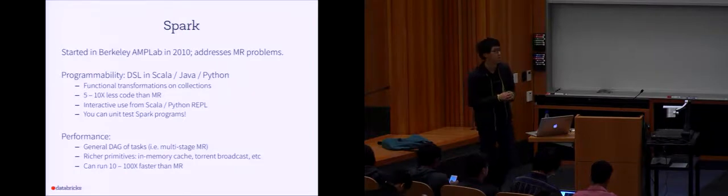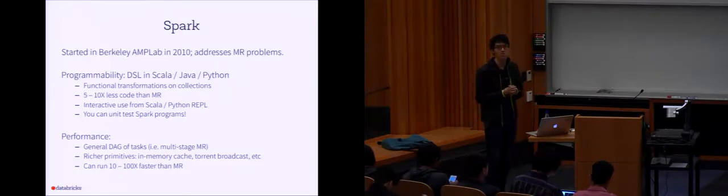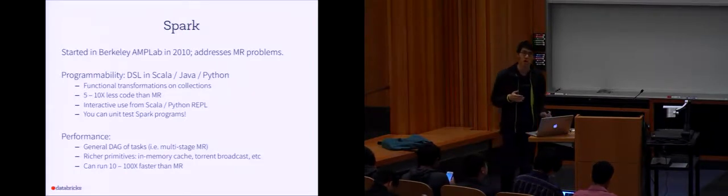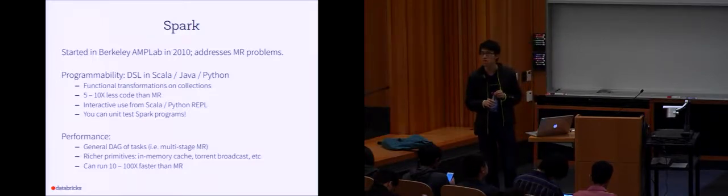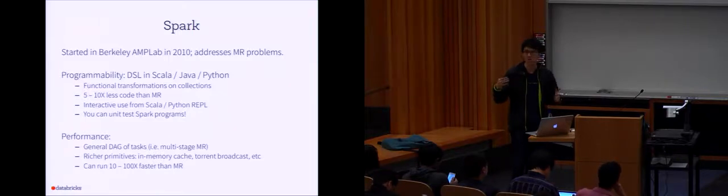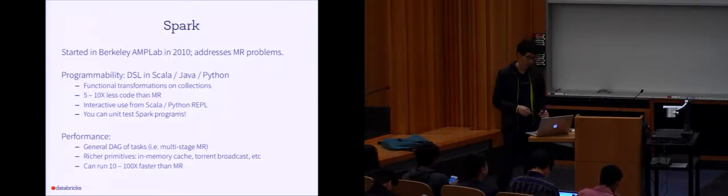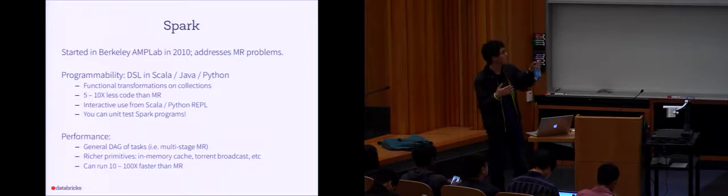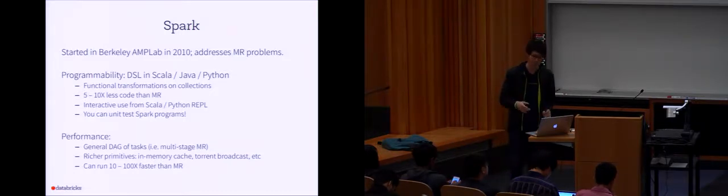So this makes it much easier to develop and to do exploratory analysis on data. And the last part, which you don't really care much about when you're students, but in practice is very important, is that now you can actually unit test your Spark program because there are different modes you can use, which I think makes it better for real-world deployments.